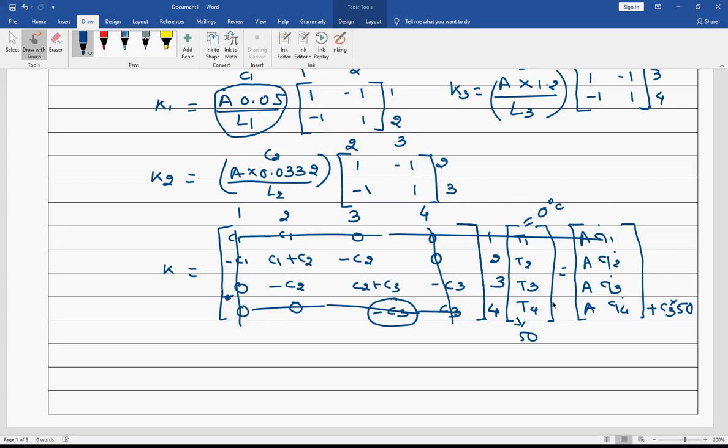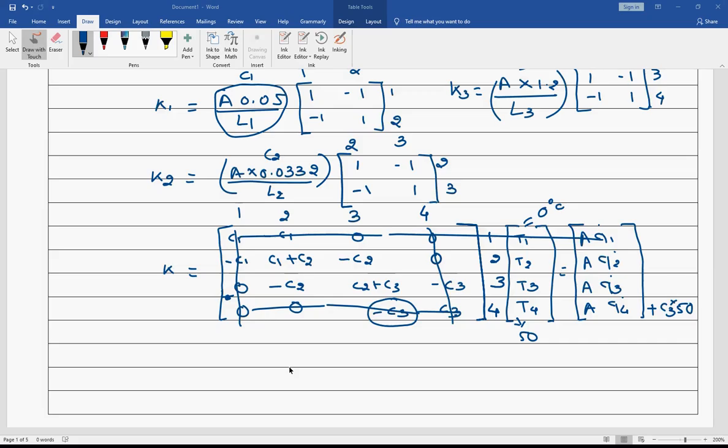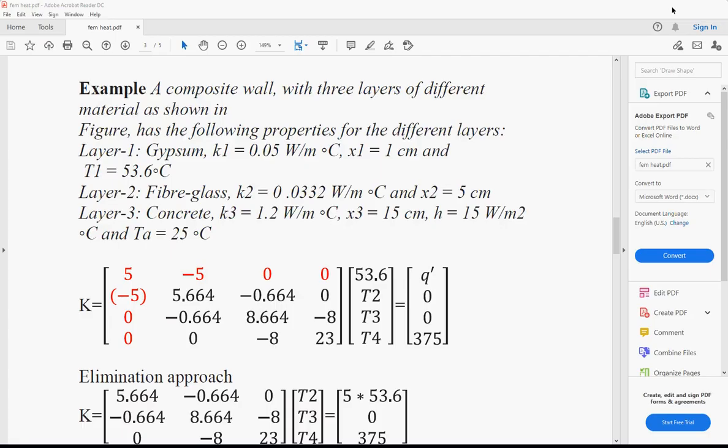There is no issue. Just a moment. So this is not the case.